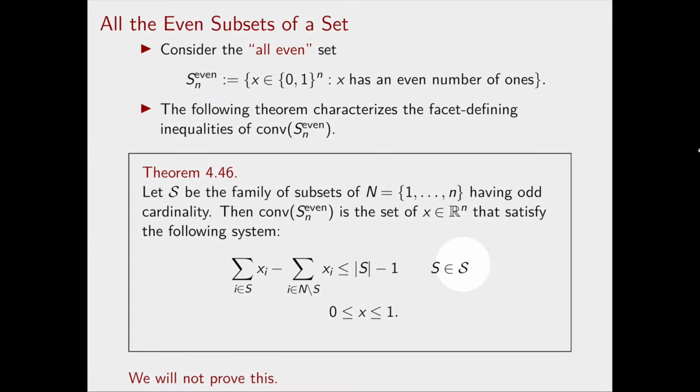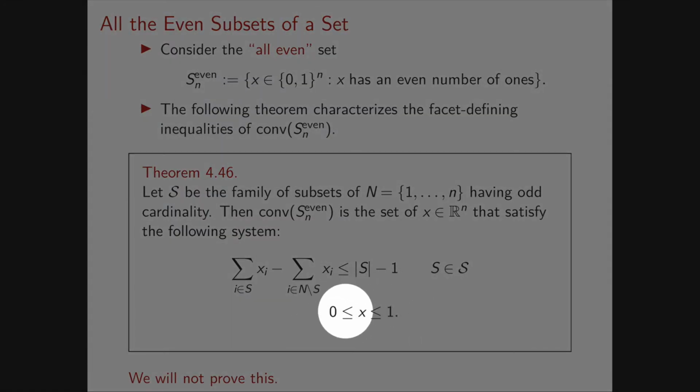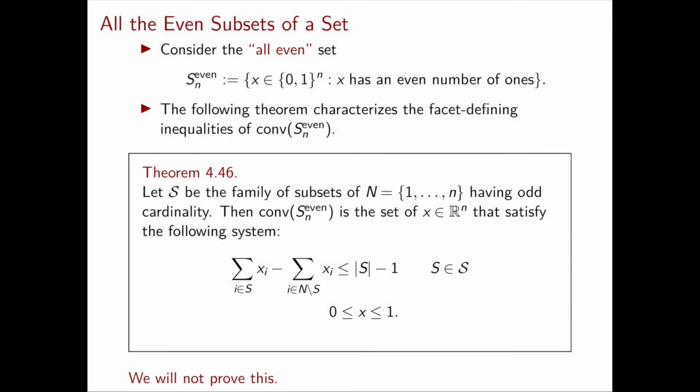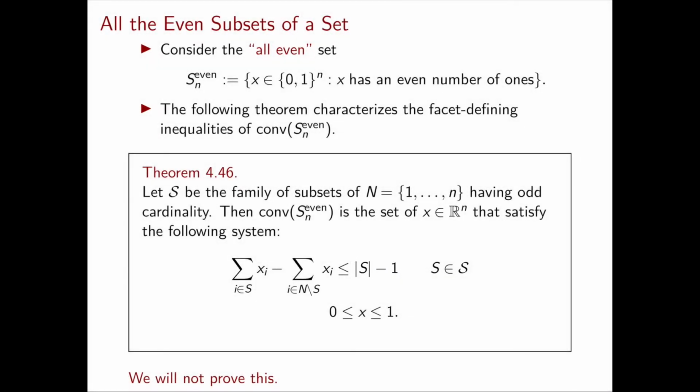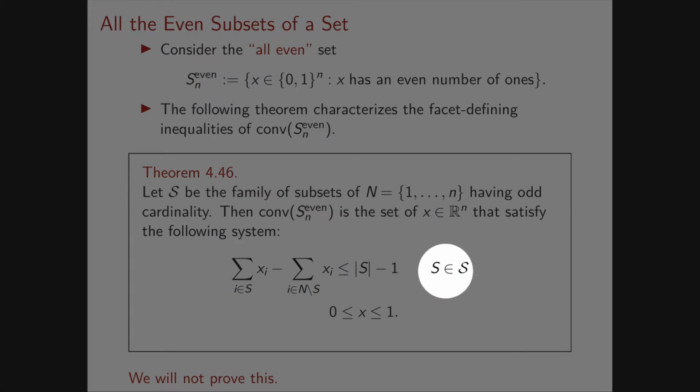So, well, of course, we have x between 0 and 1, and these inequalities are instead more interesting. What do they say? That for every subset S of fancy S, the sum of the x_i's in S minus the sum of the x_i's not in S is upper bounded by the cardinality of S minus 1. It is simple to verify that all these inequalities are indeed valid for the set S^n_even.